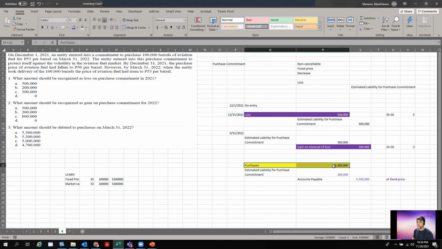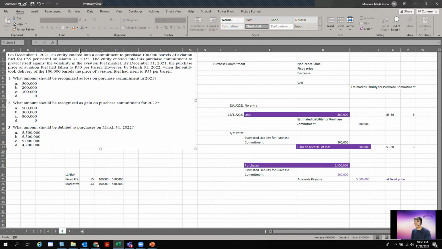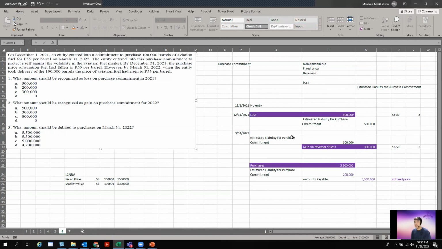So that's 5.3 million. Ngayon class, di ba earlier we talked about the lower of cost or net realizable value, no? So still, this is being applied here. So remember, yung fixed price natin at 55, this is your cost, versus the market price. Magkano nga yung market price natin? At 53 pesos na lang.